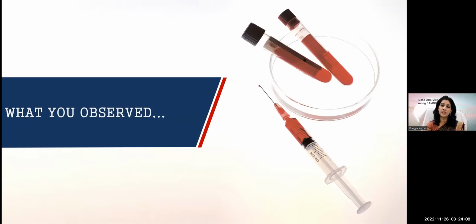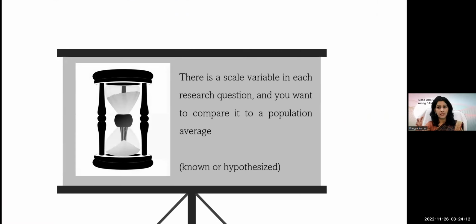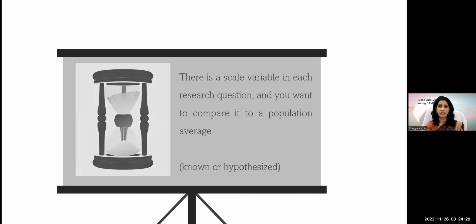So in all these, what have you observed? That there is one sample, and in that there is one continuous or scale variable, and you want to compare the mean value of this to the population average, and that population average can be known or it can be hypothesized.